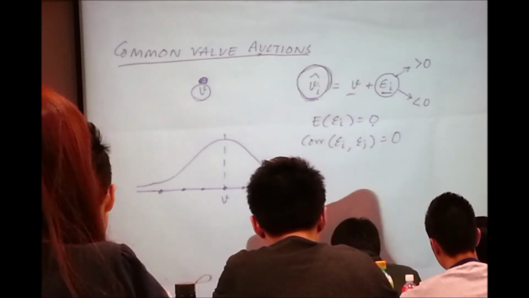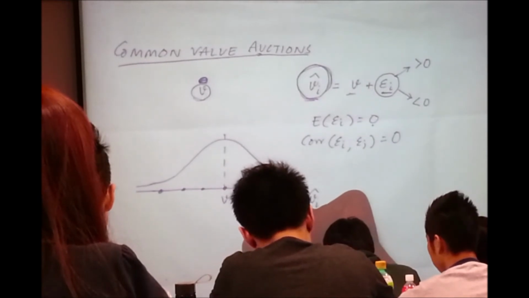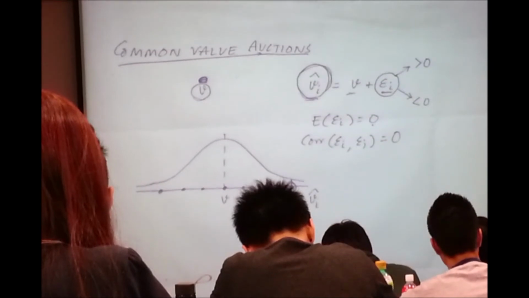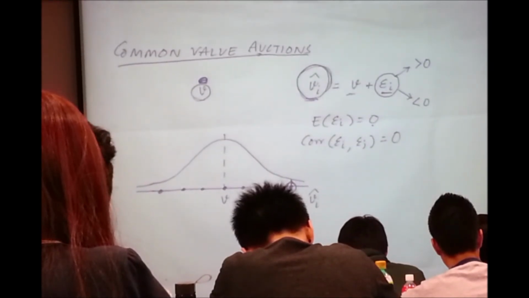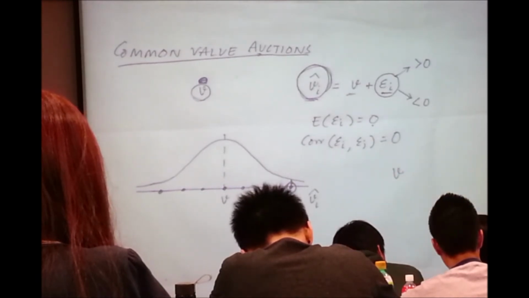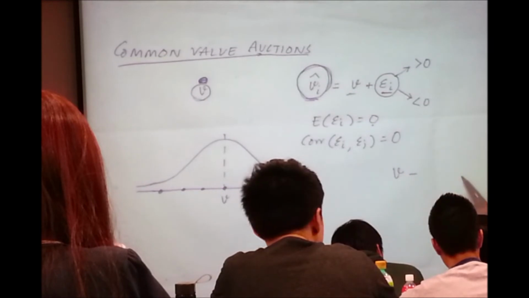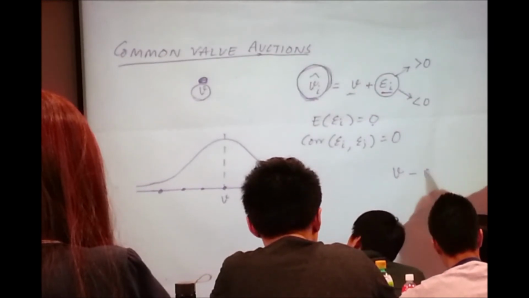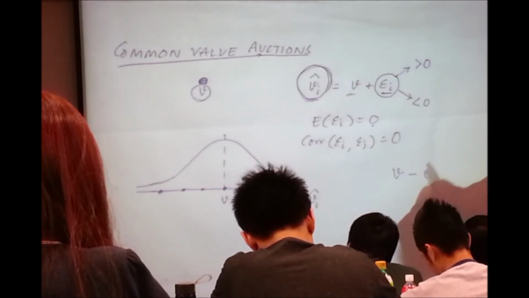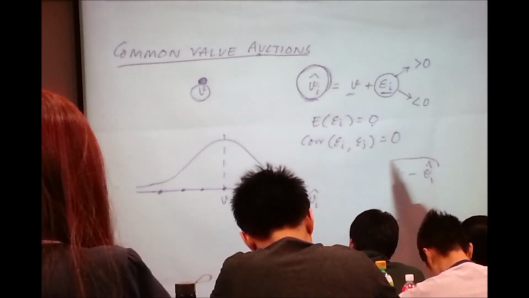And if he wins the auction, say it's a first price auction, he will have to pay this price. Therefore, what is his payoff? His payoff is the true value of the good minus whatever price he pays, call it B1 hat. And what do you notice now?